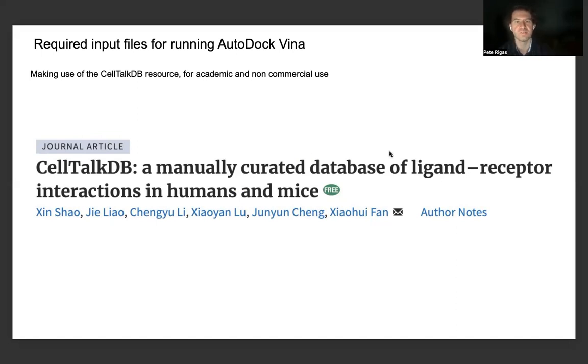This is interesting for us because it gives us a broad collection of ligands and receptors that have already been curated and relate to publicly deposited amino acid sequences that we can leverage to test the performance of AutoDock Vina, and to ask, as we mentioned in the overview slide, how we can predict the interactions between different ligands and receptors using AutoDock Vina.